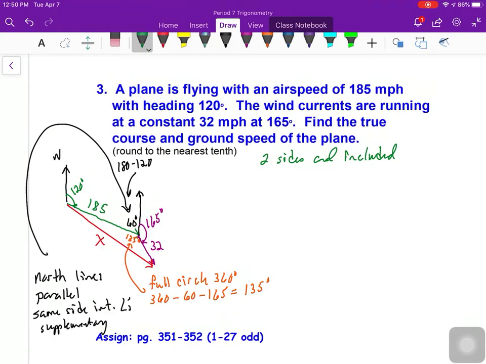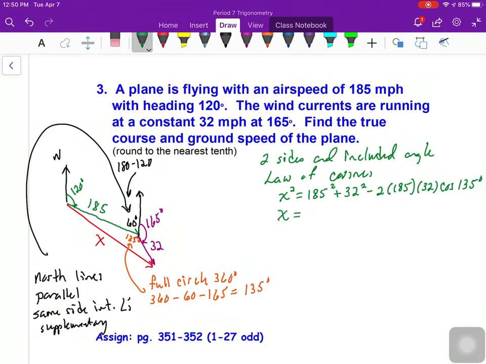And now we can use the law of cosines. We have two sides and an included angle. So x squared will equal 185 squared plus 32 squared minus 2 times 185 times 32 times the cosine of 135.